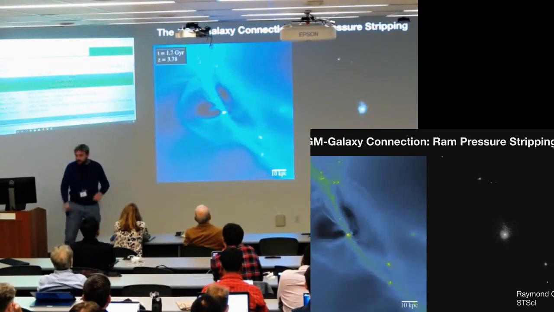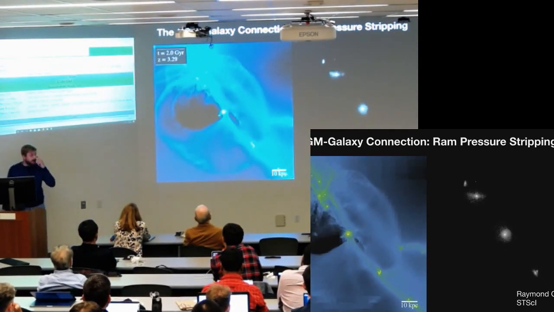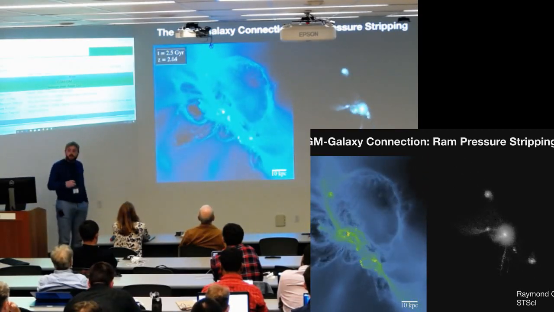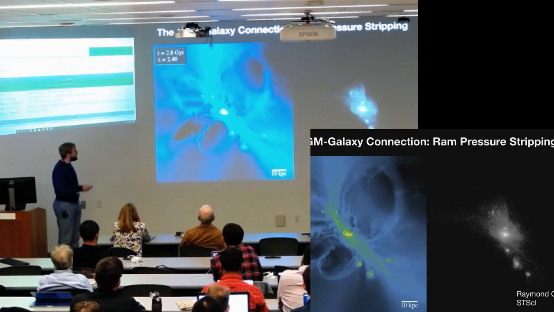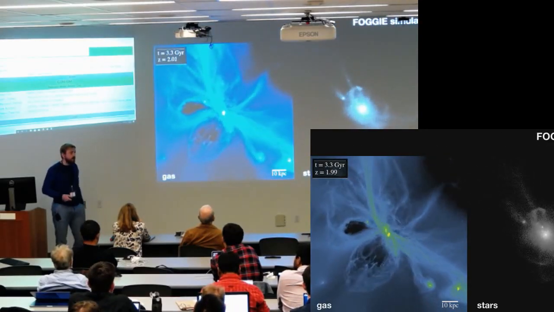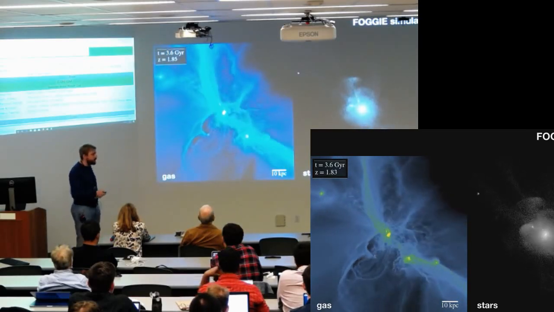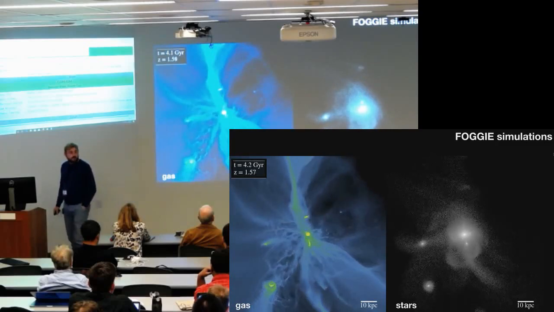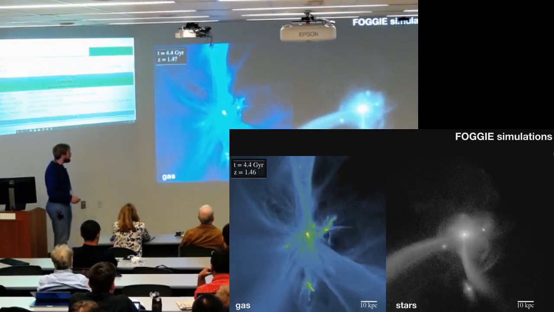In the movie behind me, I'm showing you the formation history of a Milky Way mass disk galaxy from a set of simulations that I'll introduce in a second. On the right is the projection of the stars, and on the left is the projection of the gas. I want you to take away two things from this movie.